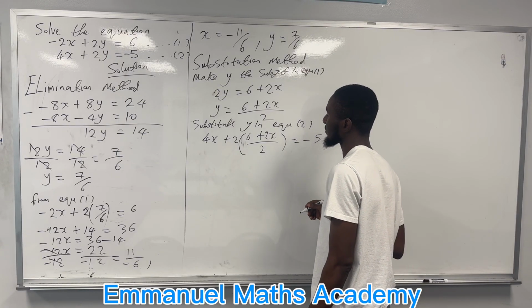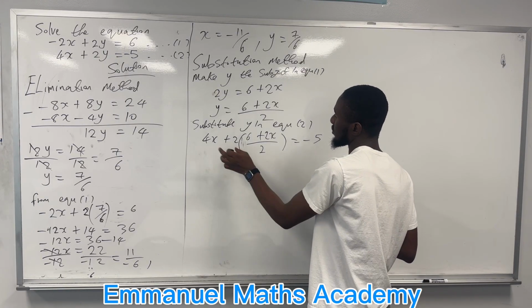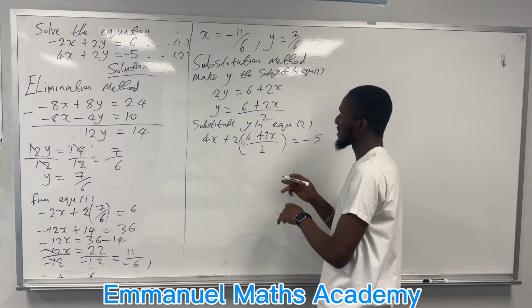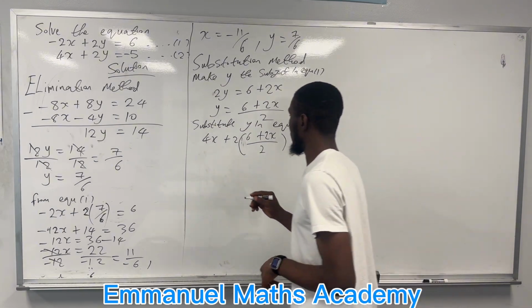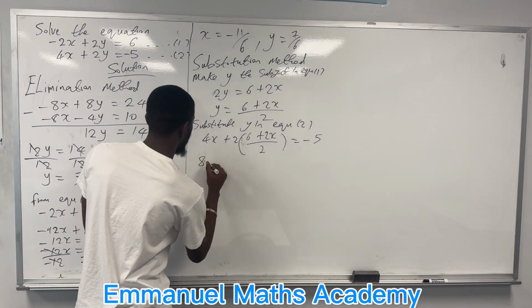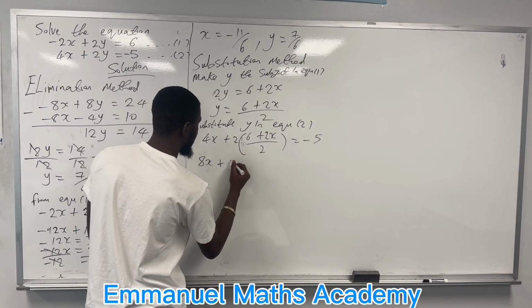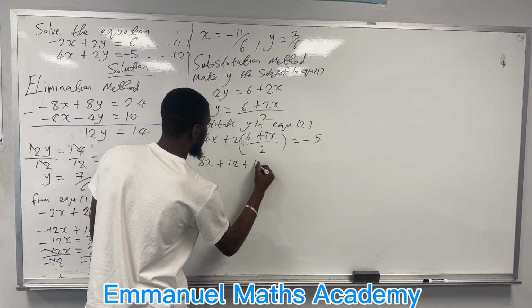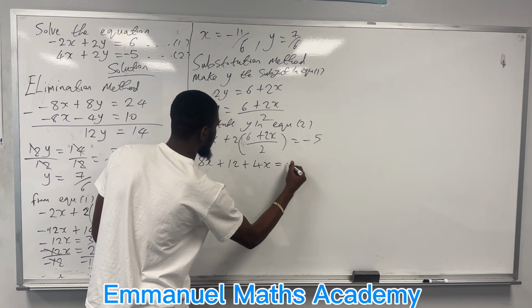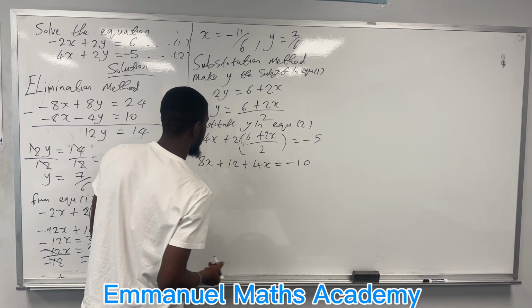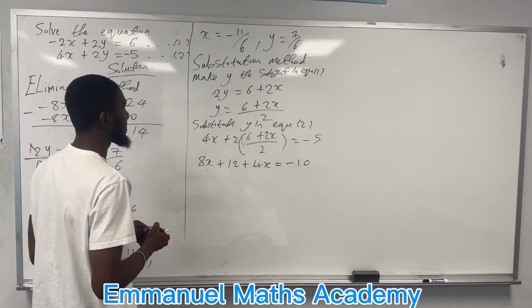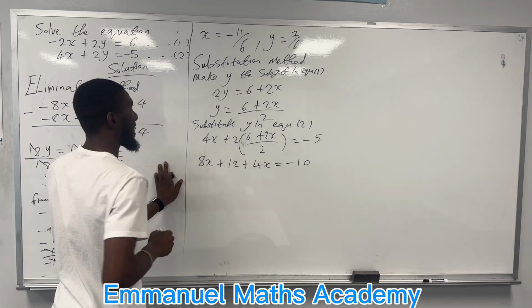Right? You now use this 2 to multiply this and this, as a multiply through by 2. If we do that, here you have 8x plus, you use this to open up this parenthesis, you have 12 plus 4x equal to minus 10. So you collect like terms.